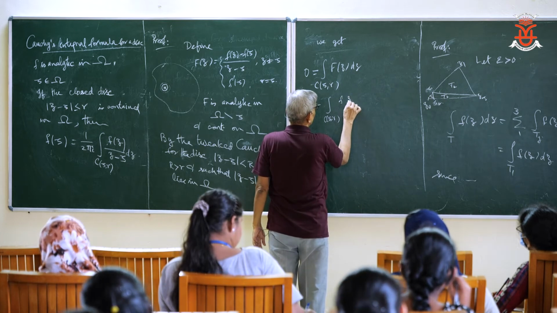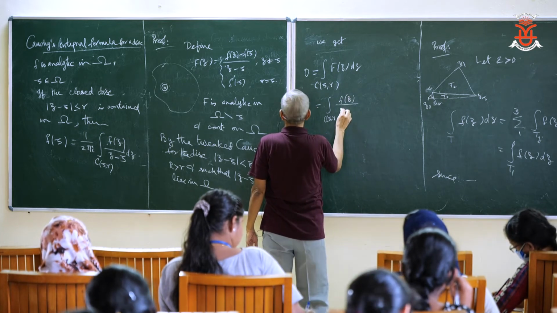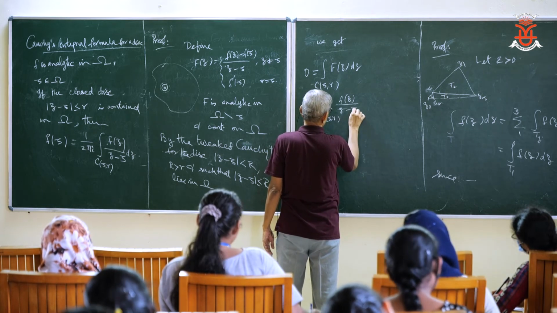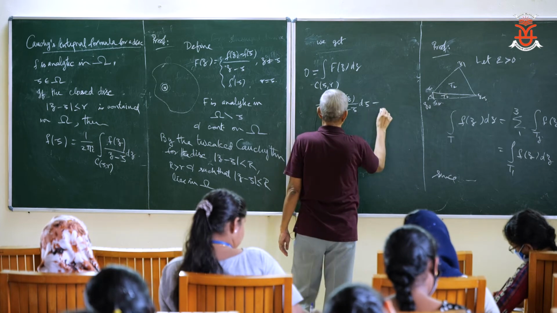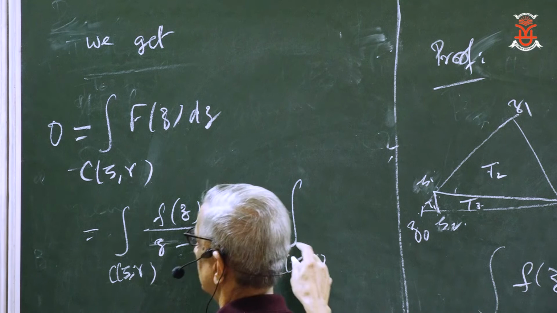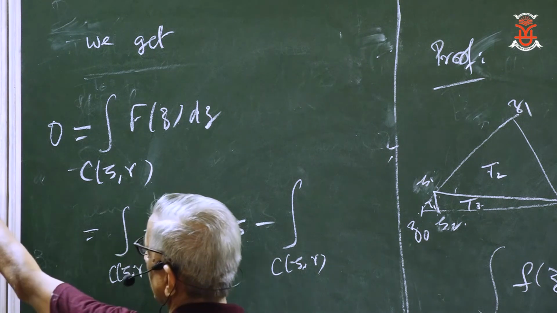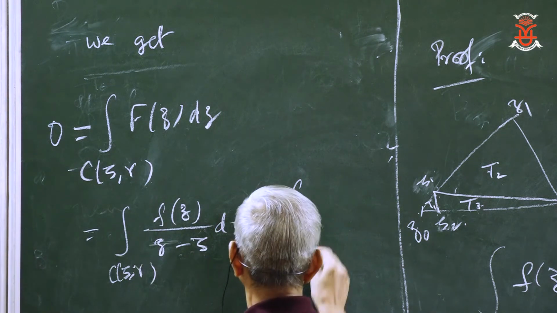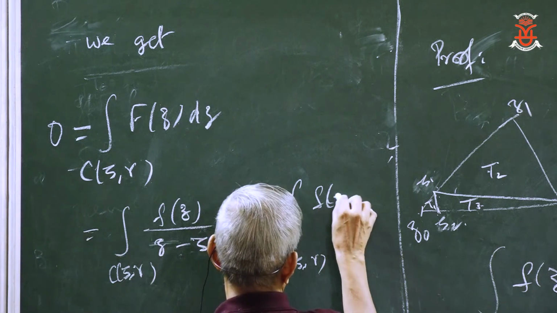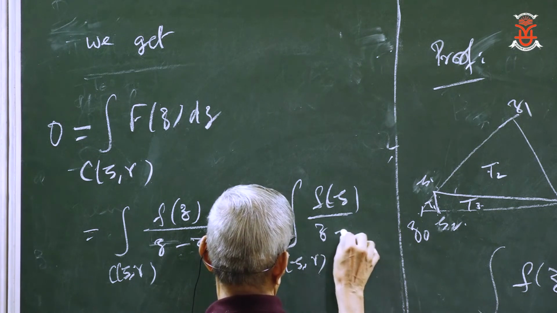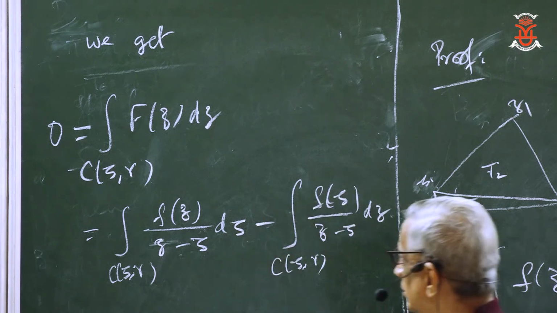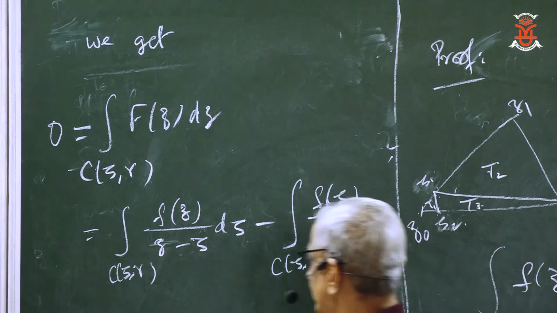So f of z over z minus zeta dz minus f of zeta, just splitting into two parts, that's all. What is this?